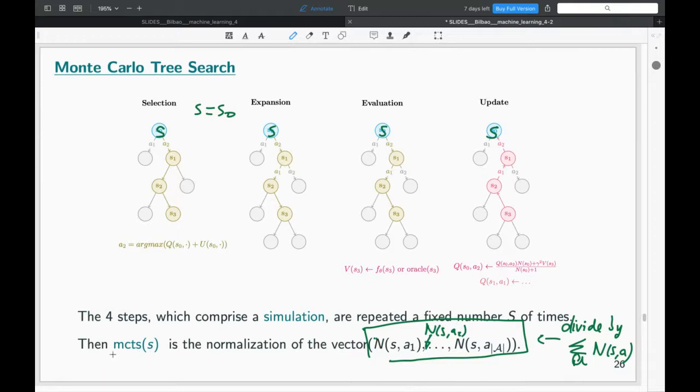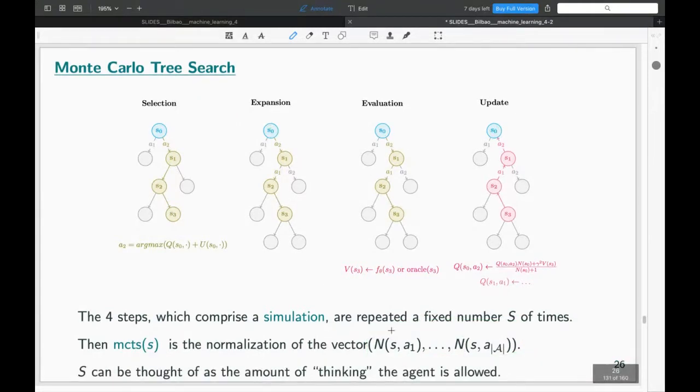MCTS, remember, this thing is a probability distribution over the set of actions. So the probability of choosing action A1 is the number of times we've chosen A1 during the simulations divided by the number of simulations. This is actually S, now that I think about it. So it's just this NSA divided by S, the probability distribution.